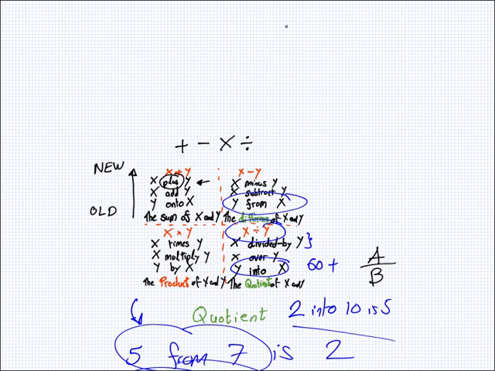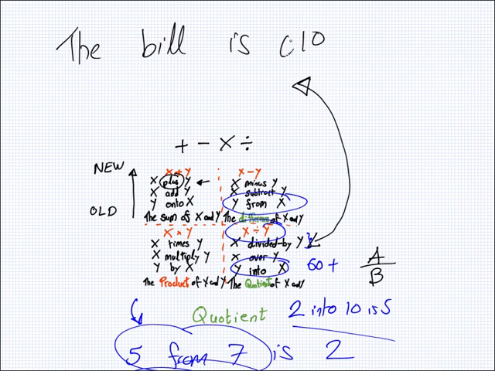So I'll give you one example. You could say something like, let's see, this one here, divided. An example would be, the bill is 10 euros for 2 people.